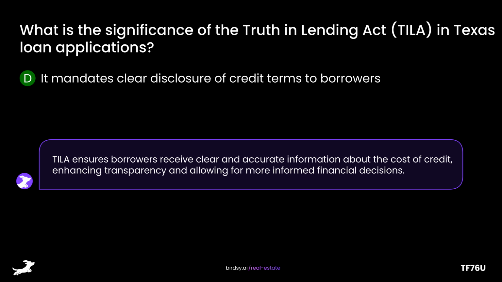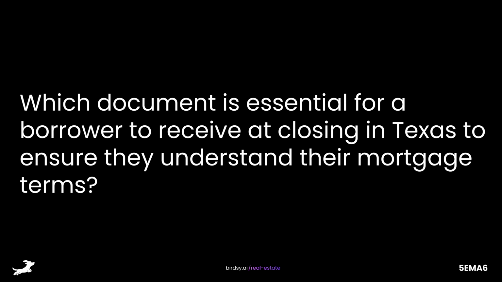TILA ensures borrowers receive clear and accurate information about the cost of credit, enhancing transparency and allowing for more informed financial decisions. Which document is essential for a borrower to receive at closing in Texas to ensure they understand their mortgage terms?